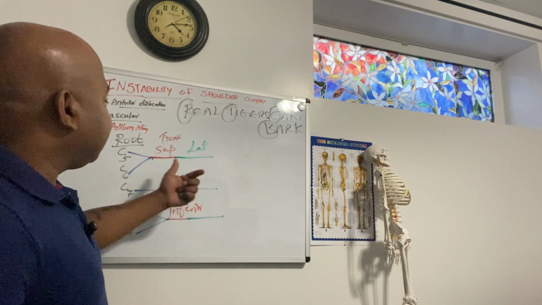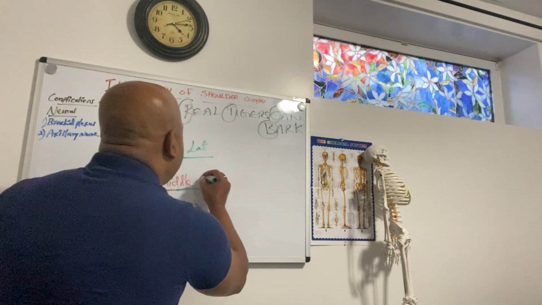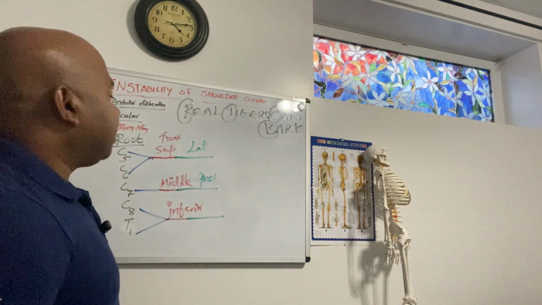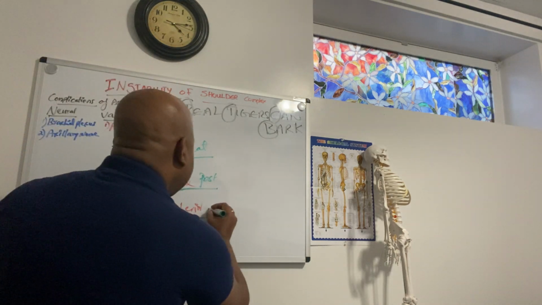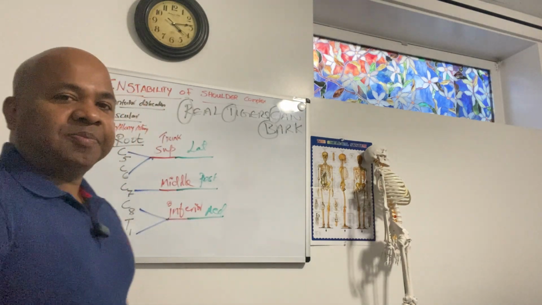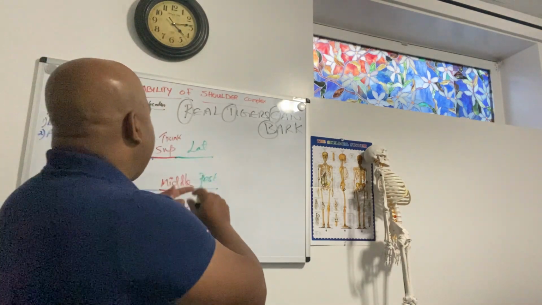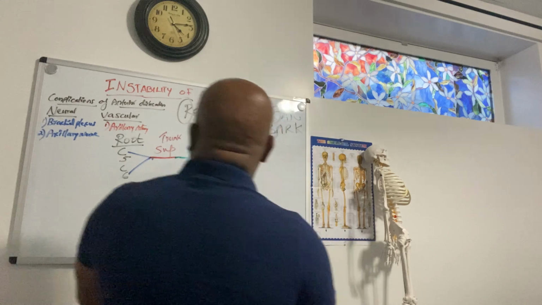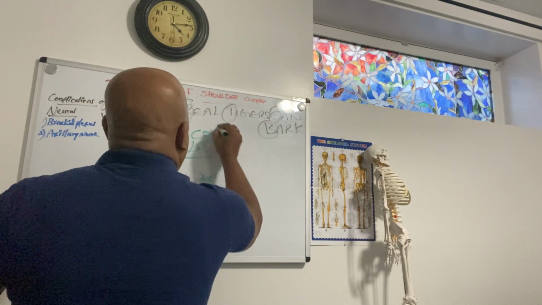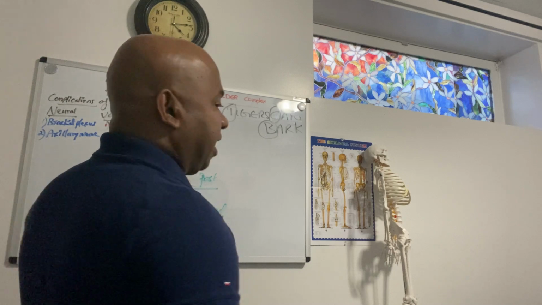The middle trunk continues as the posterior cord, and the inferior trunk continues as the medial cord of the brachial plexus. This is the cord of the brachial plexus.